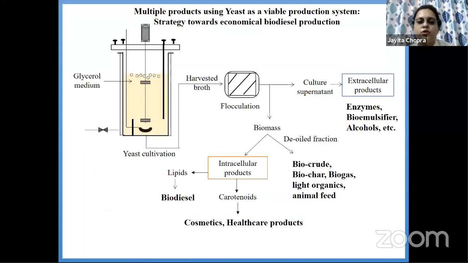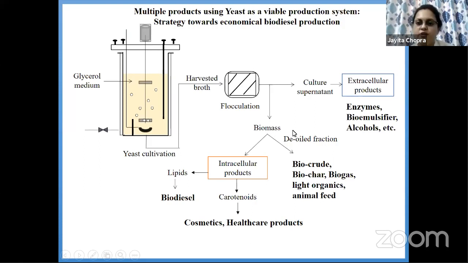This is the schematic which shows the possible products that we can obtain using yeast as a feedstock. Here I have used glycerol as the carbon source, and after the yeast is cultivated in a bioreactor, the broth was harvested and then flocculated. The intracellular products include lipids, from which we can get biodiesel, and carotenoids, which have applications in cosmetics and other healthcare products.